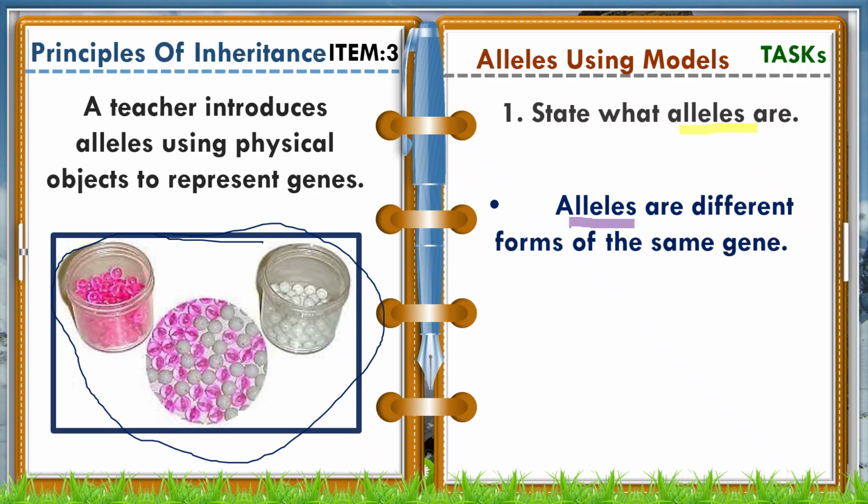Alleles are different forms of the same gene. For example, if we look here, let us say that we are looking at color.